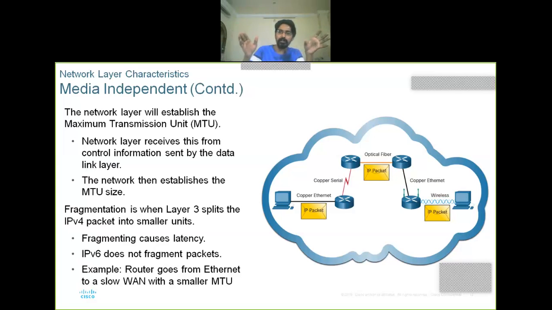So we need to adjust to suit the other network's needs, and we use this parameter, the maximum transmission unit. MTU size can be changed according to our requirement.